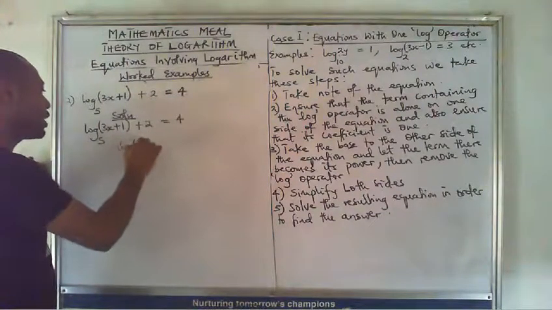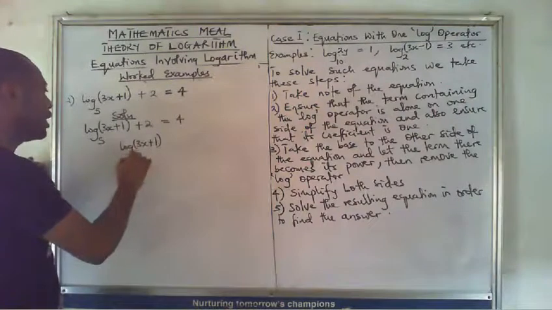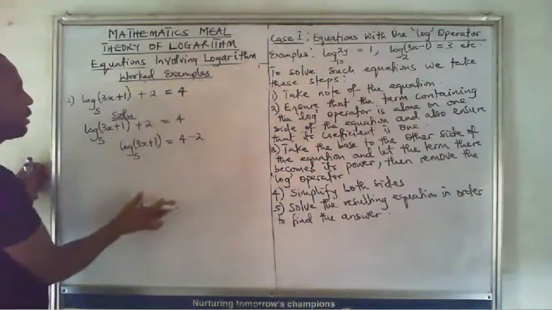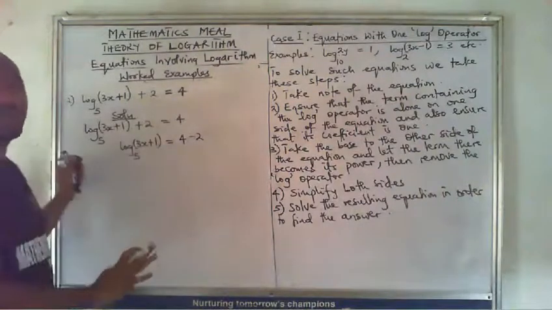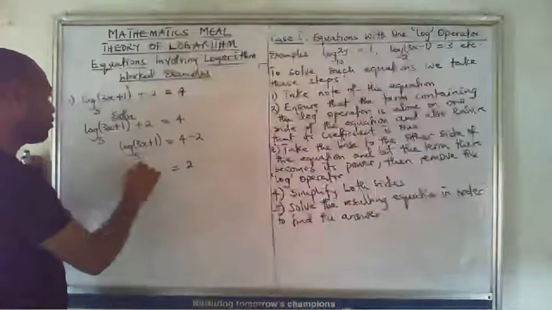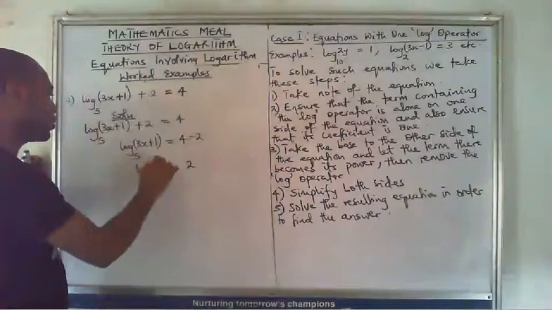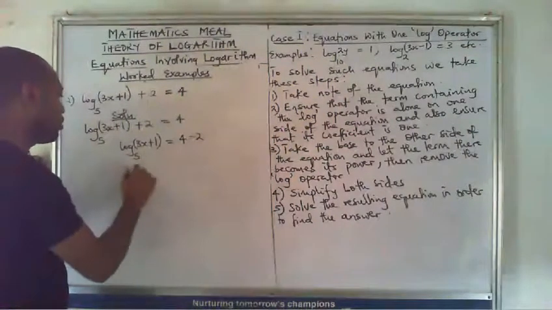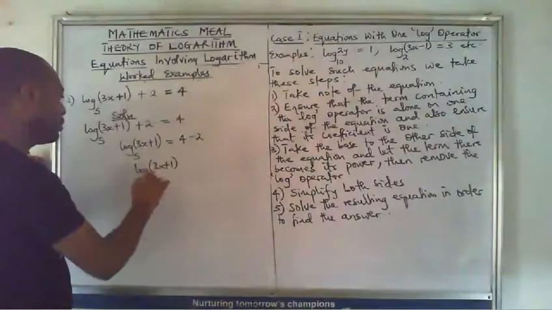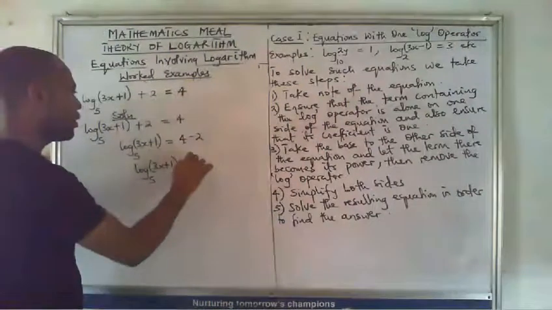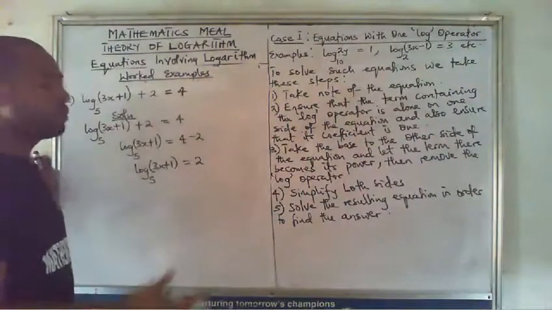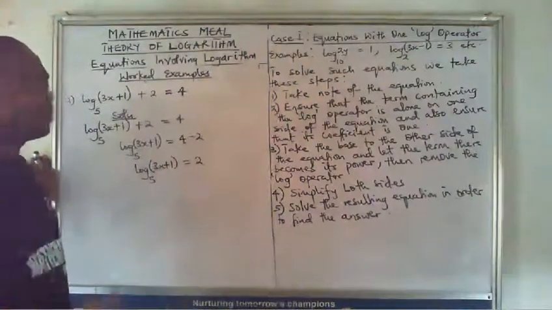We have log of 3x plus 1 base 5 equals 4 minus 2, which is 2. You remember this from the basic principles you apply in algebra while solving problems.